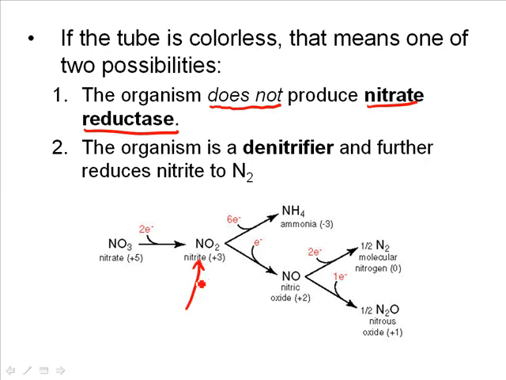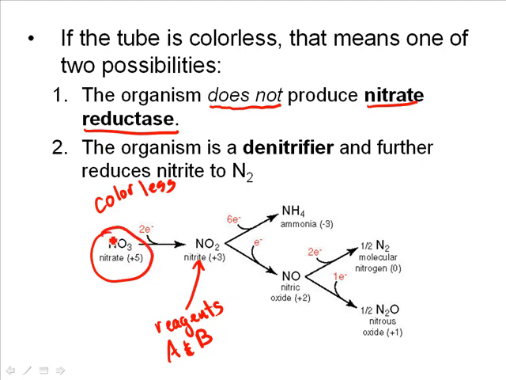Remember, when we add reagents A and B, we're testing for the presence of nitrite. Well, if your tube is colorless, that would mean that the nitrate is still around. The nitrate has not been reduced. Okay, so that's one possibility.